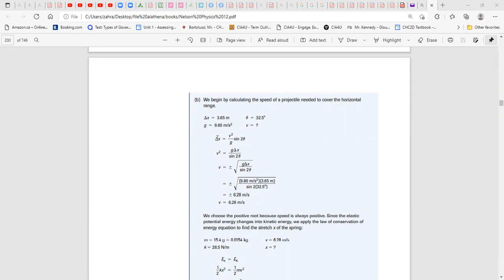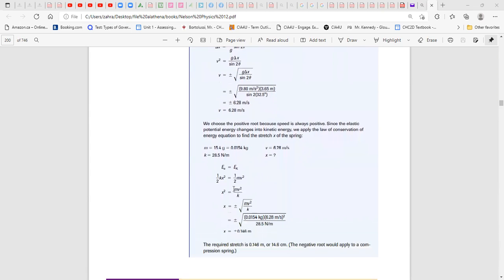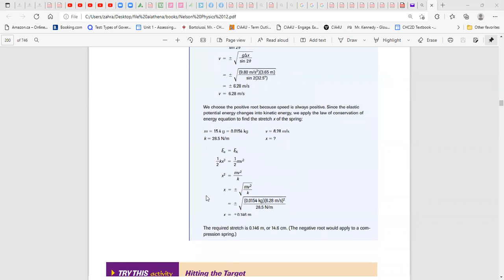Knowing x, g and θ, we can find the velocity. Having the velocity, by conservation of energy, all the potential energy turns to kinetic energy. We have the launch velocity, we have mass, we have k. We can calculate how much the spring is to be compressed.